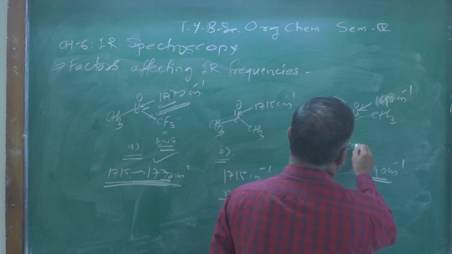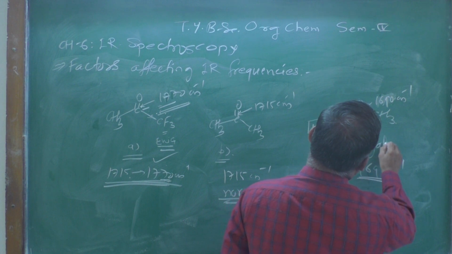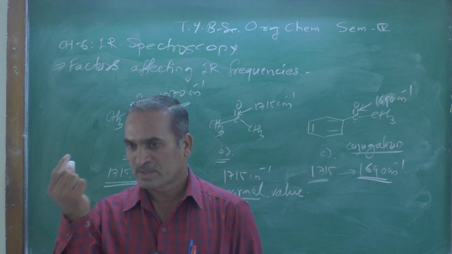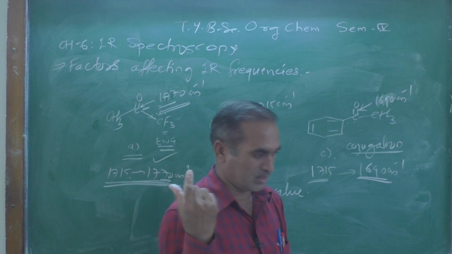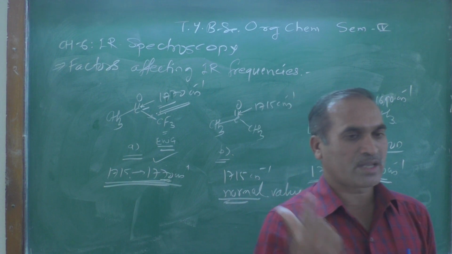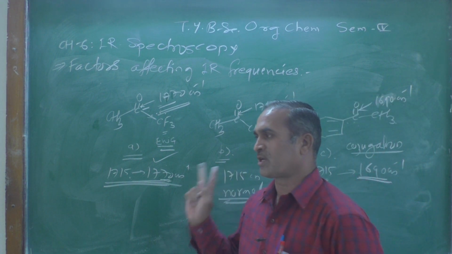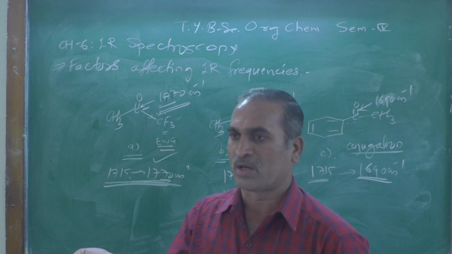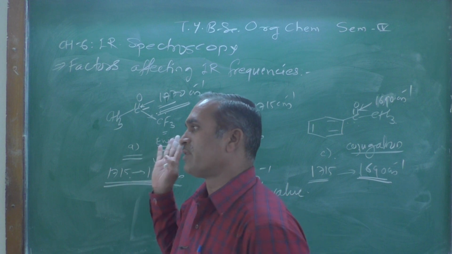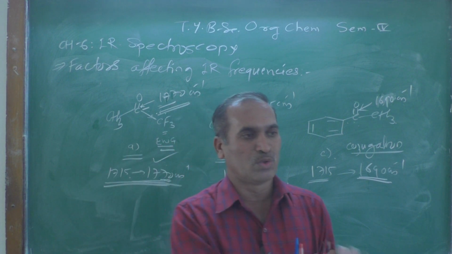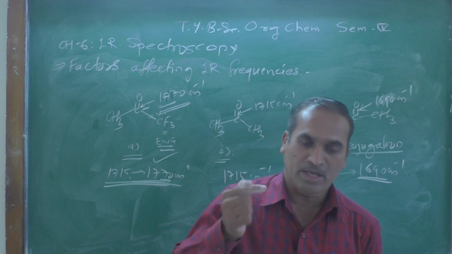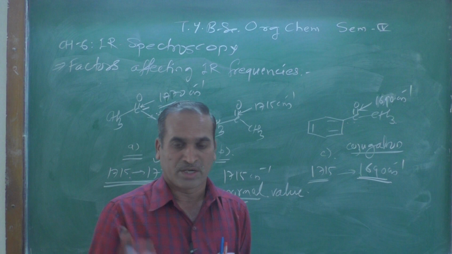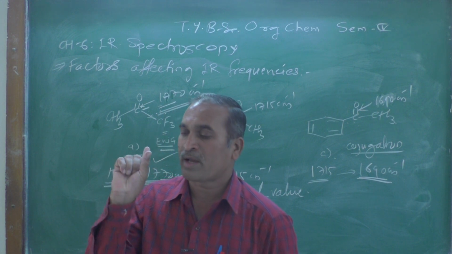Do you know conjugation? Conjugation means an enone system or a diene system, as we know. They are conjugated systems. Conjugated means alternating carbon-carbon double bonds, either carbon-carbon or carbon-oxygen double bonds. That type of system is known as a conjugated system, and if conjugation is there, there is always a decrease in the IR frequency.